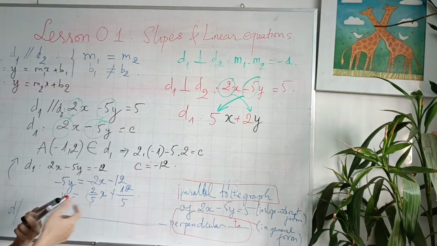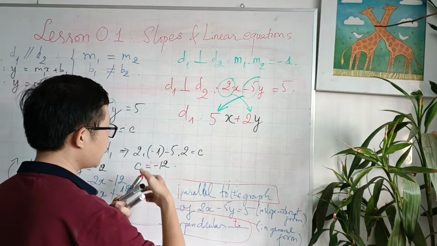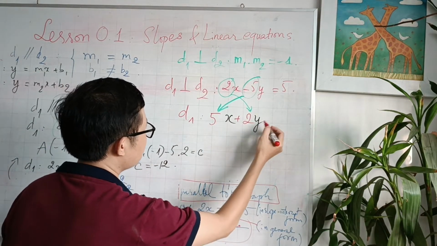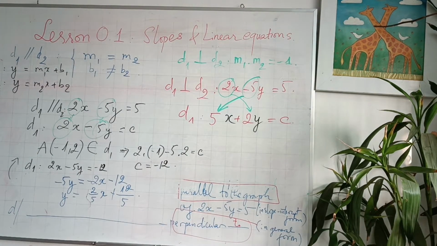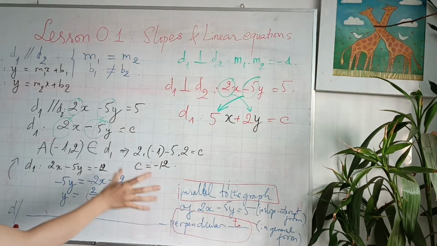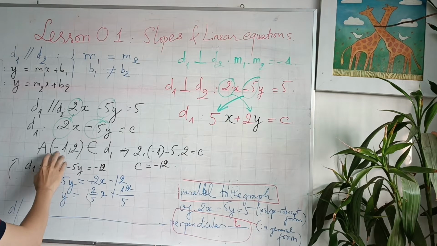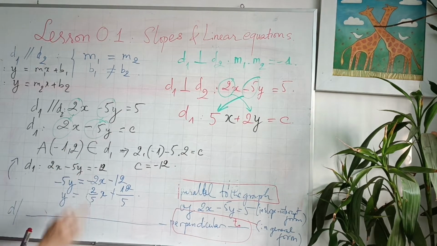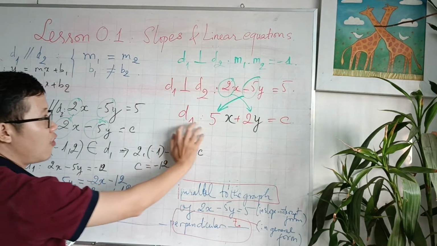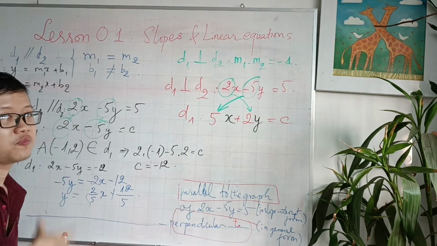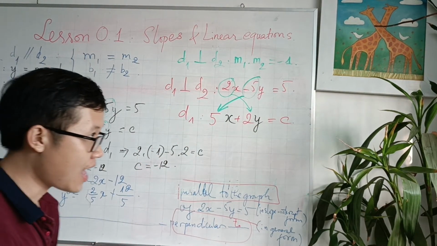We let this equation equal C. And the line also goes through the point -1, 2. So we substitute the coordinates of this point into this formula, and we solve for C and get the last answer.